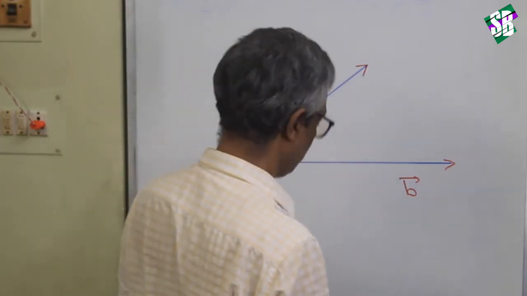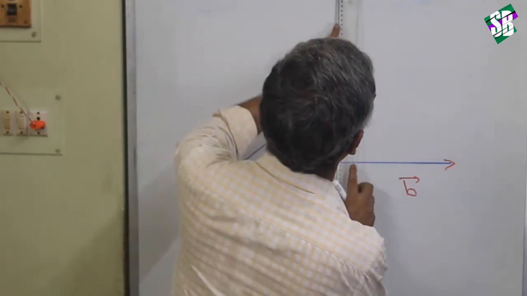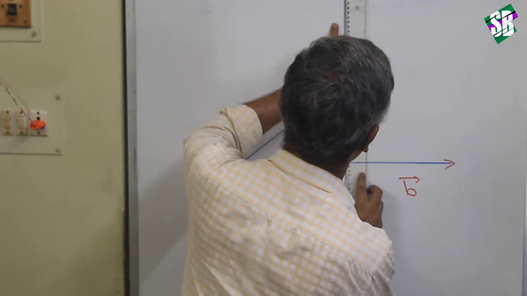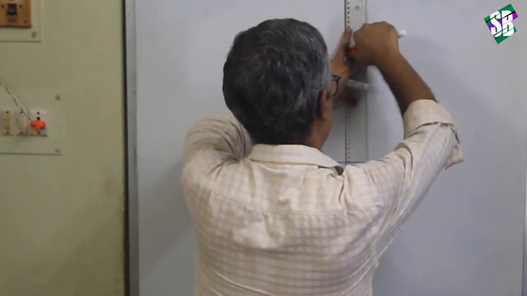What you have to do? You have to draw a perpendicular from the head of a vector on b vector.